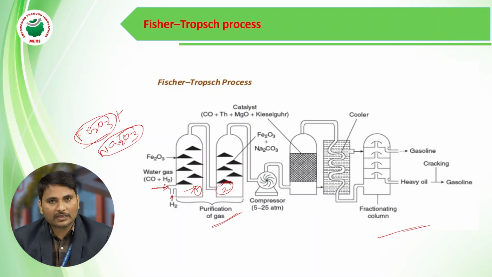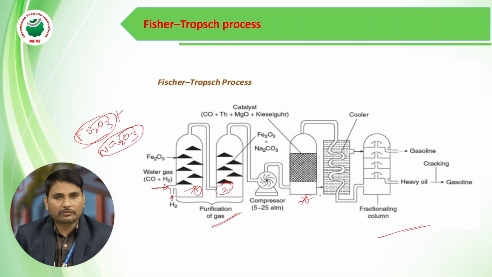The purified water gas moves towards the compressor. In the compressor, the gas is compressed, and after that it passes to our main chamber, called the catalyst chamber. In this catalyst chamber we have this net-type shape, which is our catalyst.